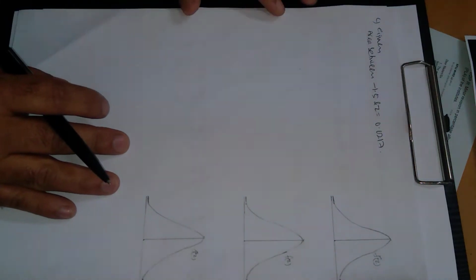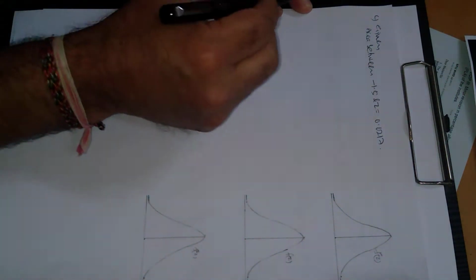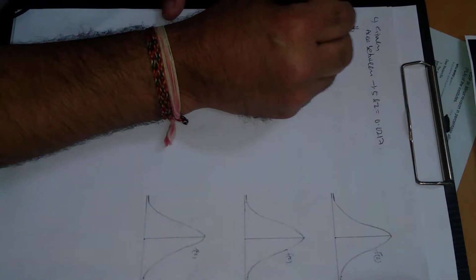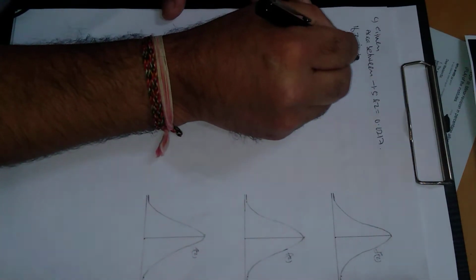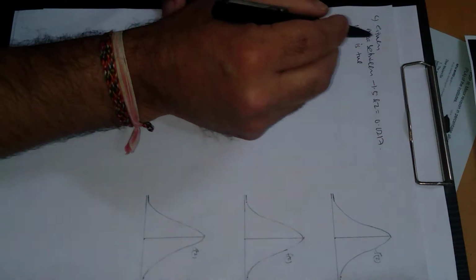Now come to the third part. In third part, this is given area between minus 1.5 and z is this one. We have to check first of all whether z is positive or negative. Let us suppose z is positive.